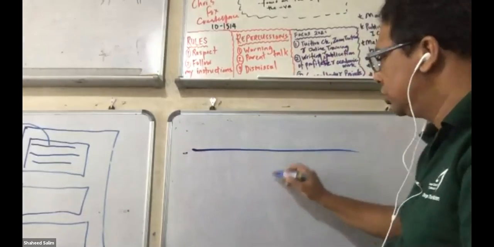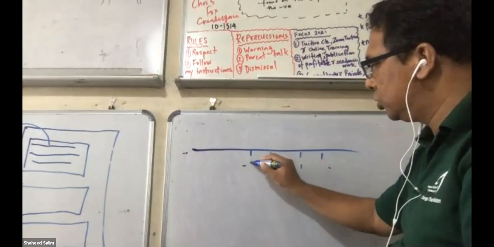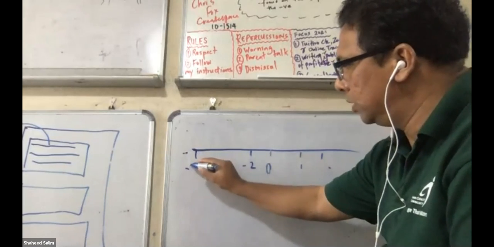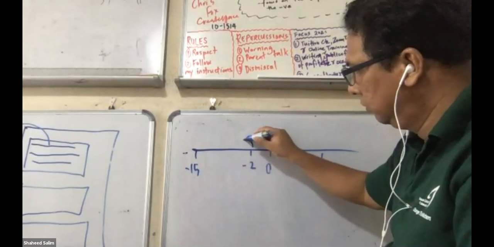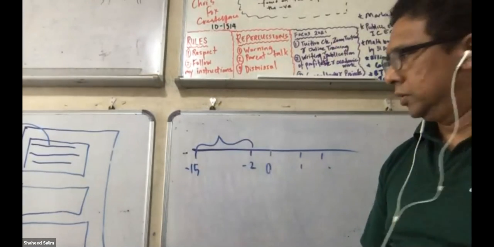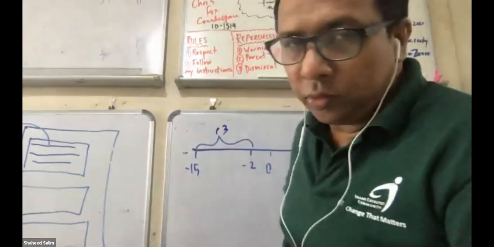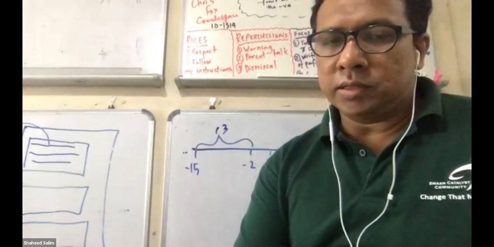So this is 0, positive is here, right? So 9 minus 2 is here. Minus 15 is here. How many degrees is this? Just take 15 minus 2. 13. So we'll go back to the question again. So that's 13 degrees.